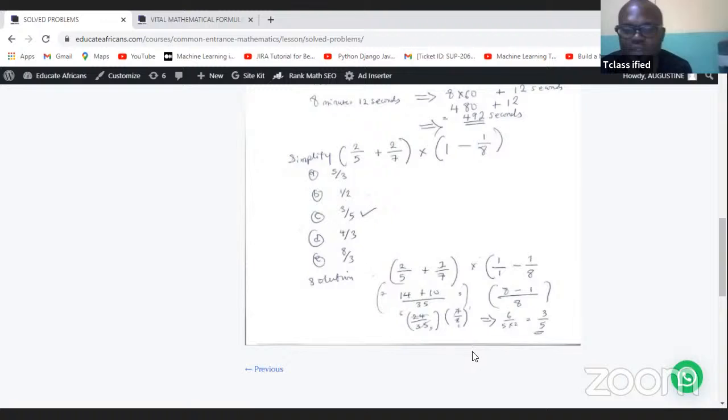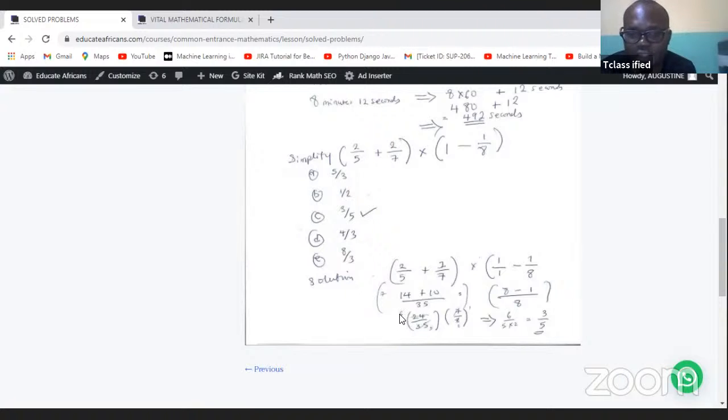Now we bring this down. 7 divided by 7 is 1, and 35 divided by 7 is 5, so we have 5 underneath. Then 8 divided by 4 gives us 2, and 24 divided by 4 gives us 6.